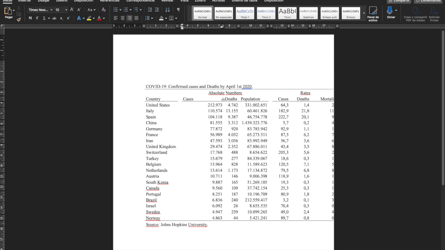Copying and pasting information from Excel to Word is not very nice because tables do not look exactly the same as they do on Excel.